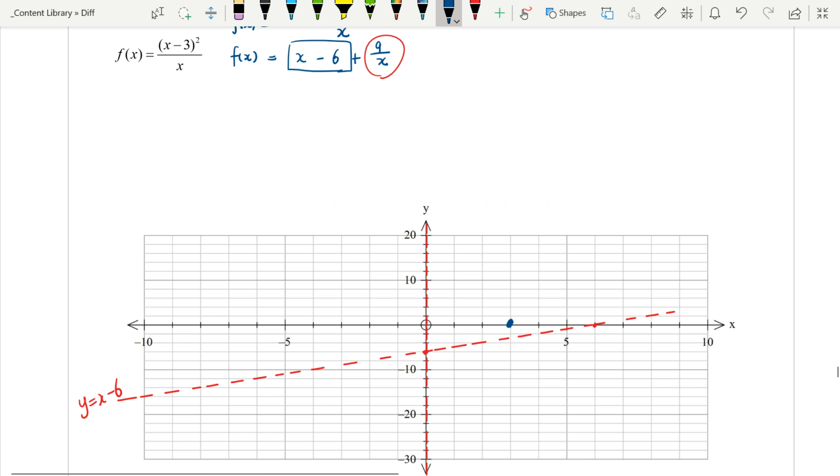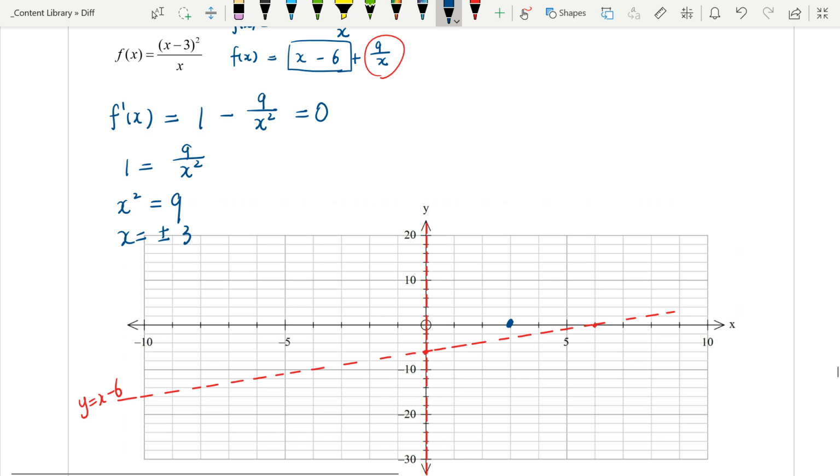Okay, let's find the turning point. That's 1 minus 9 over x squared. That's the derivative. When the derivative equals 0, we have 1 equals 9 over x squared, so x squared equals 9. What does x equal? 3 or minus 3.